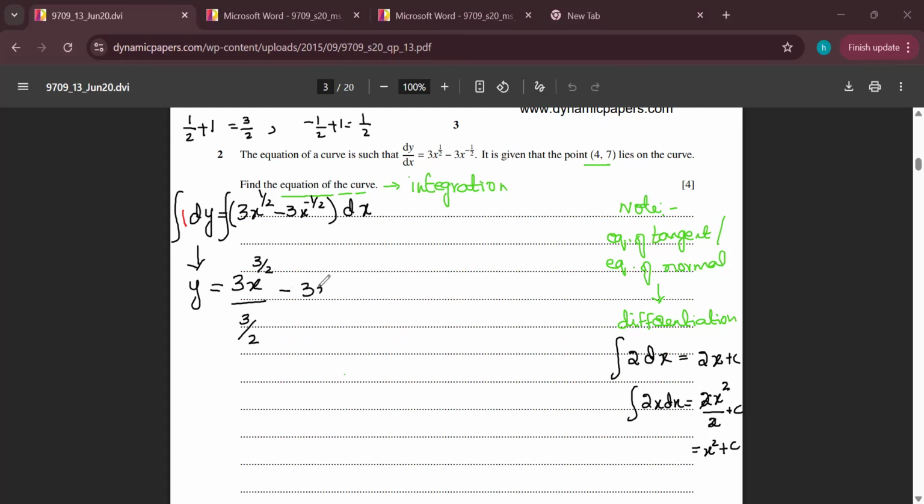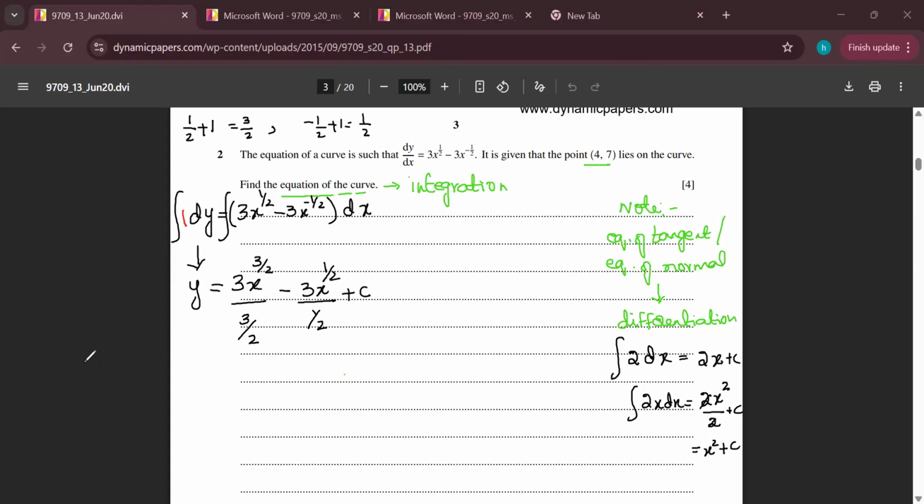Minus 3x to the minus half, minus half plus 1 will become half, right? So I will write positive half, and I will divide by plus half, plus c. C is a constant variable.